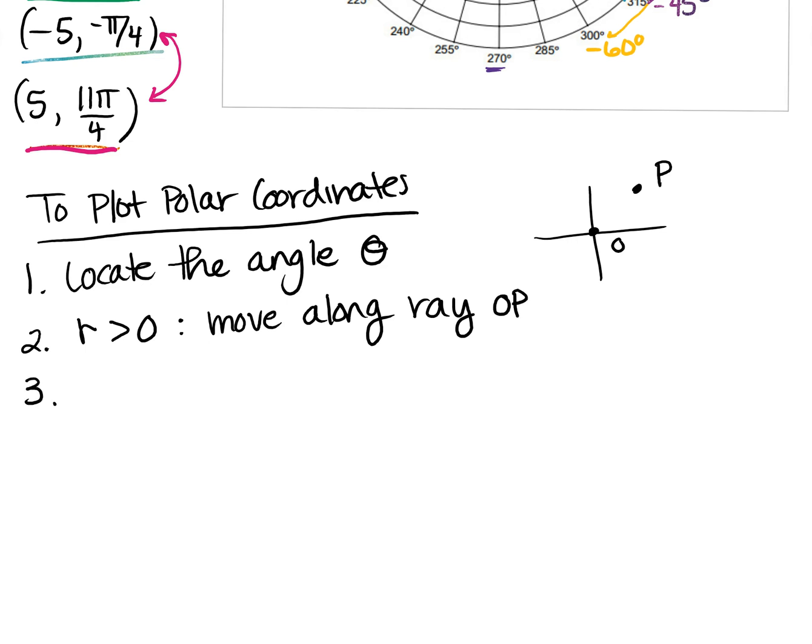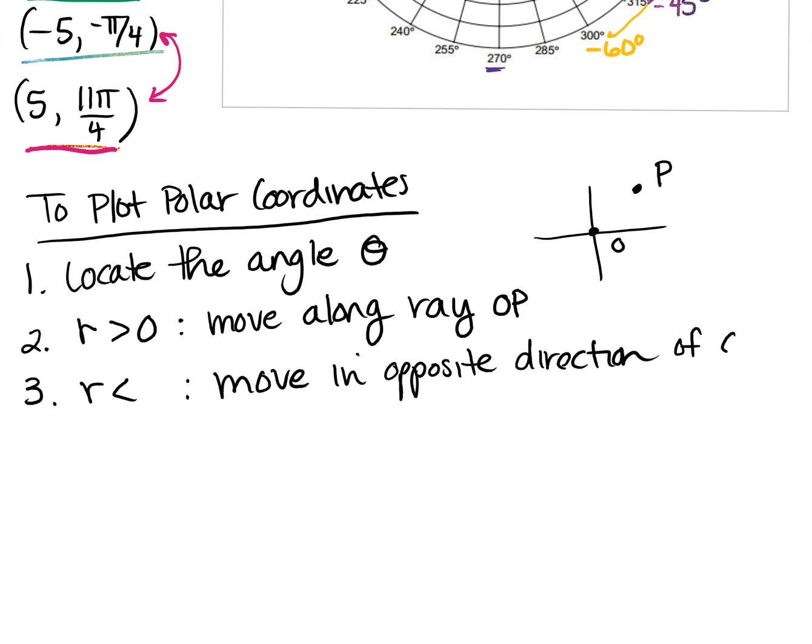If r is negative, then we move in the opposite direction of OP. So if this is my ray OP, if r is negative, then we're going to go in the opposite direction of OP. Okay? Good. I think that's about it. That's pretty easy, I think.